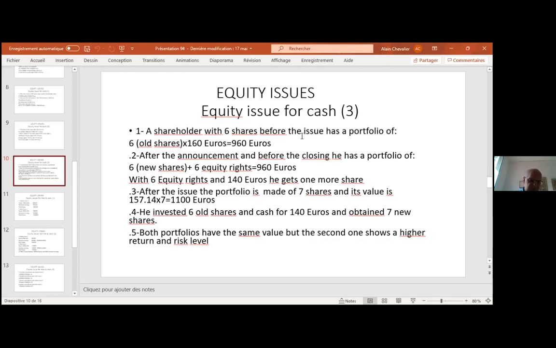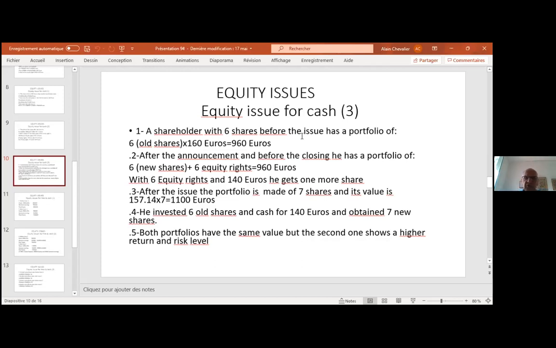Both portfolios have the same value. But of course, if, for example, the stock market increases by 20% in the next 3 months, which happens sometimes, what will probably happen here is that the price of a share will also go up.